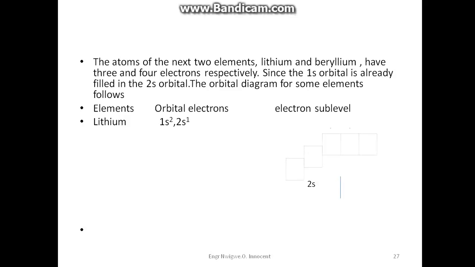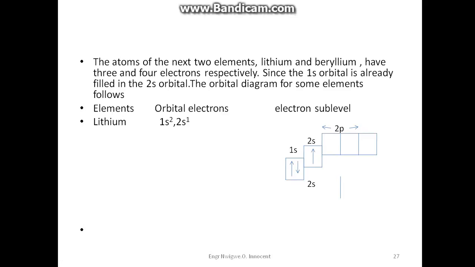In the electronic sublevel, the arrow pointing upwards is filled first for 1s, then since 1s has to be completed, the downward arrow is now filled.